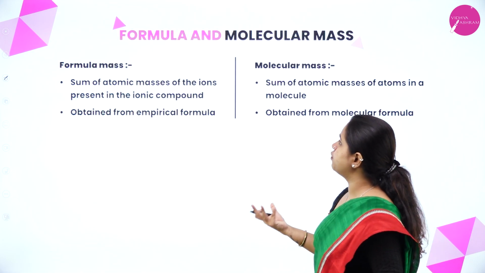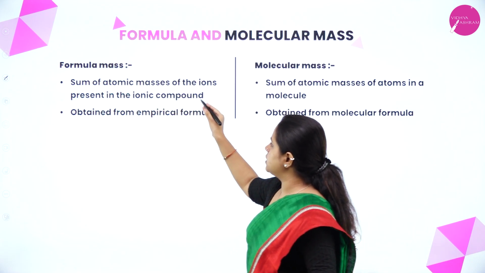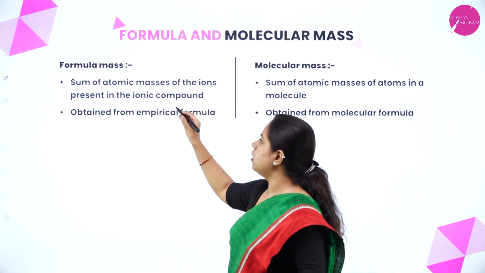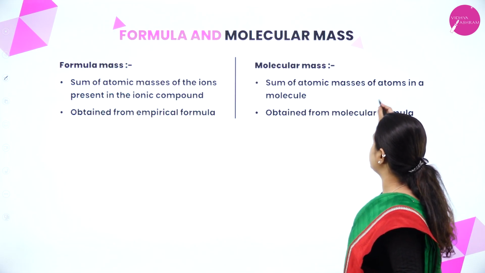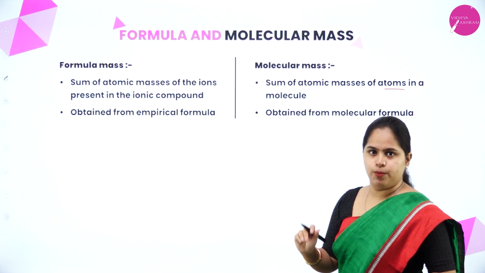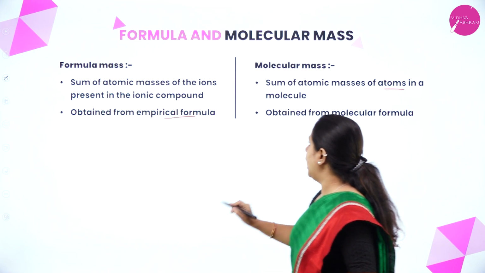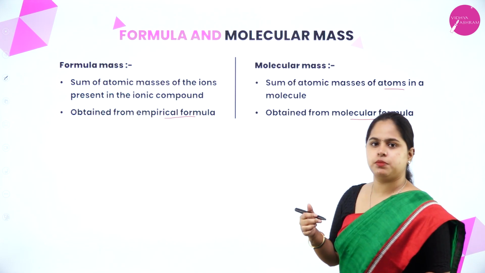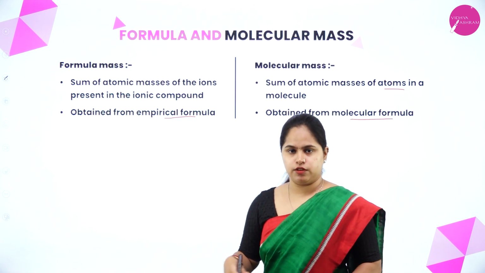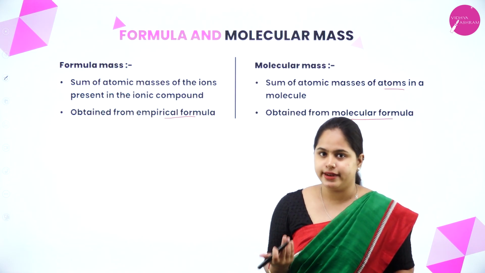What is the difference between formula and molecular mass? Formula mass is the sum of atomic masses of the ions present in the ionic compound, and molecular mass is the sum of atomic masses of atoms in a molecule. Formula mass is obtained from the empirical formula and molecular mass from the molecular formula. What is empirical formula? We'll study this in detail in our next session.